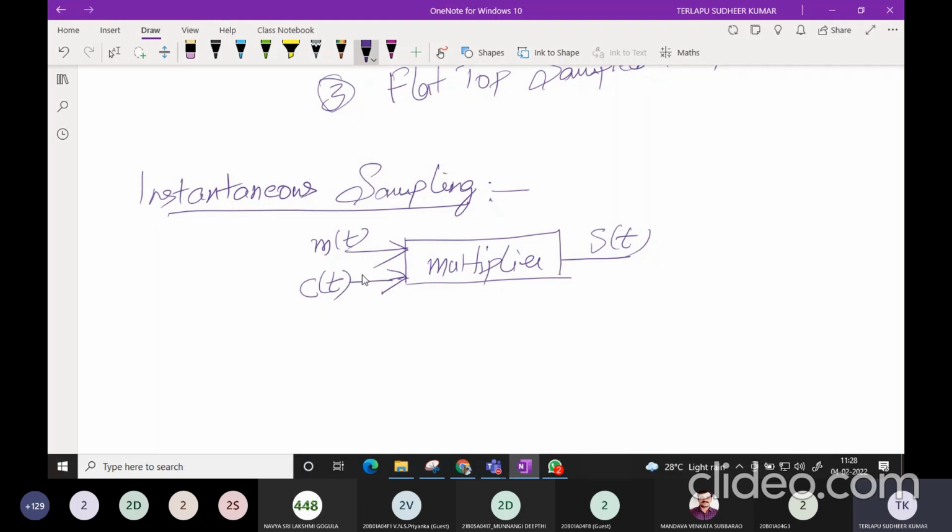Keep in mind, C of t here is a train of impulses. In instantaneous sampling, we take C of t as a train of impulses.